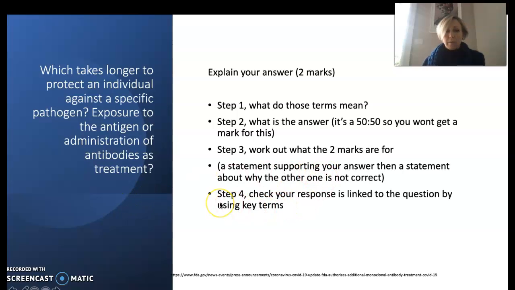Okay, so I'm going to assume that you have now recorded your answer in your yellow page. The answer to the question, which one takes longer to protect an individual? Exposure to the antigen will take longer. Now, whether that is a vaccination or natural exposure, they're both producing active immunity. So you need to initiate or activate the specific immune system.